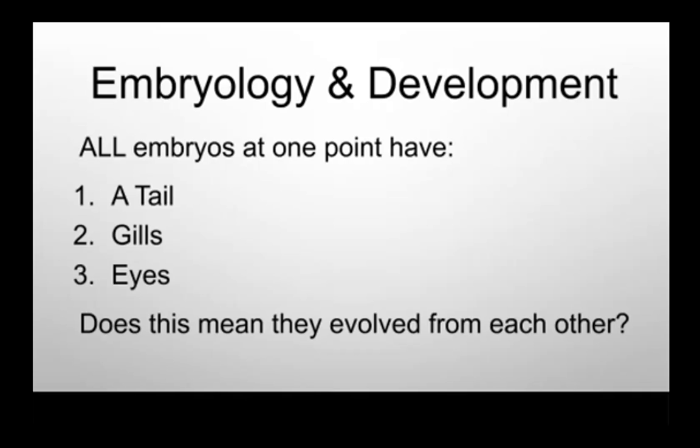Okay. I actually have a video for you where you're going to be able to watch a human embryo fully develop. I find that stuff fascinating, so hopefully you enjoy it as well. Okay. Now I want you to think about this. Since all the embryos have those similarities, does that mean that we evolved from each other?